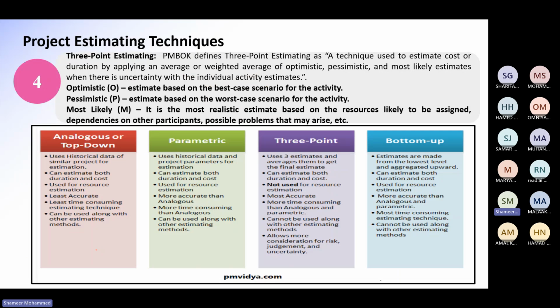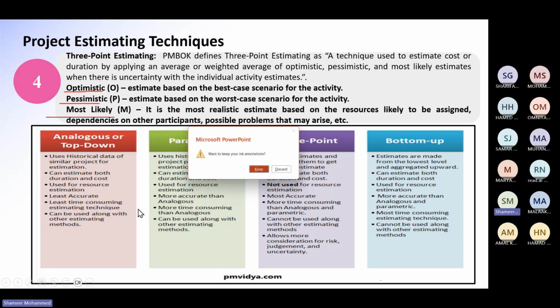The last one is the 3-point estimate. We already did this in the last class: optimistic, pessimistic, most likely.